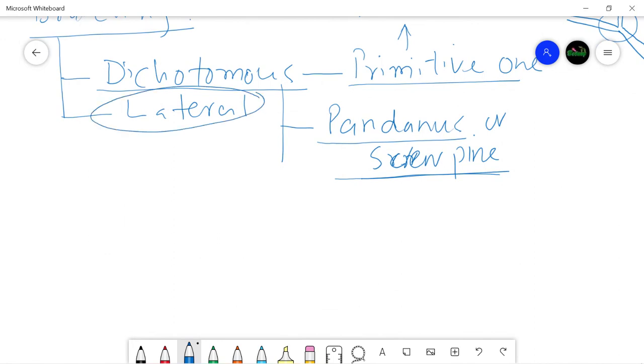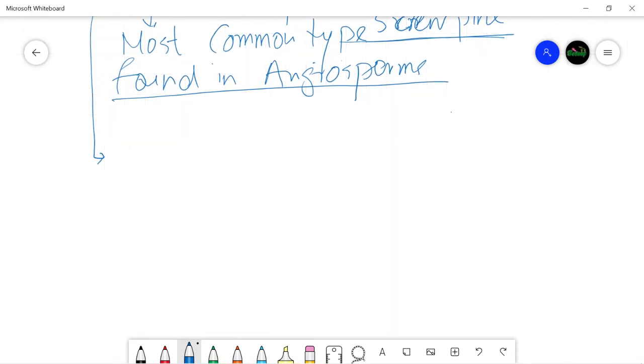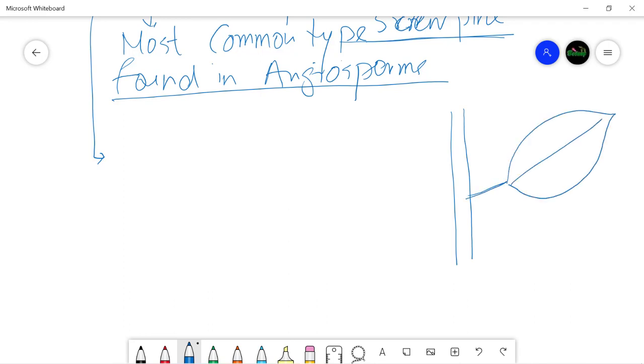The next one is the lateral branching, and this is the most common type found in angiosperms. So what is lateral branching? When stem gives off branches from its side. So what is the side of the stem? That is in the axils of the leaf.